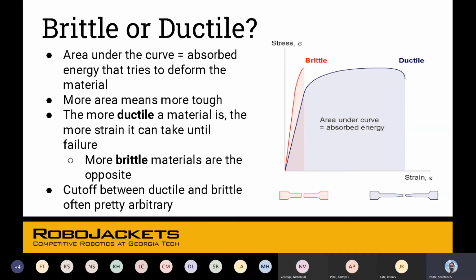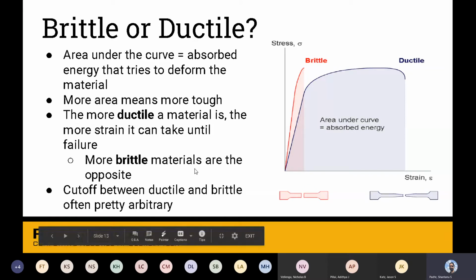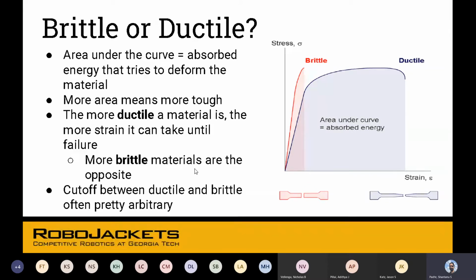Well, that's a good answer, I'd say. Again, these terms are a bit subjective. Brittle does not necessarily mean it's weak, because a material could be brittle, but it'll still take a lot of energy to break.